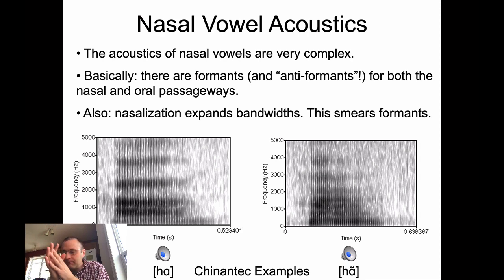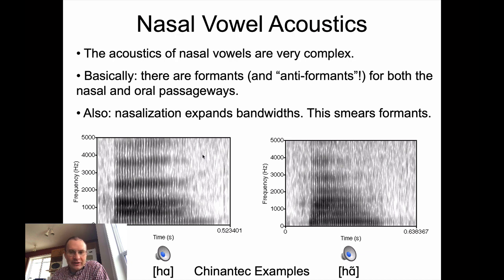In addition to that, nasalization will expand bandwidth, so bandwidth is basically a measure of the width of these gray bars in the frequency scale in spectrograms, and what nasalization tends to do is smear those so that they're not as intense in the middle and they have a broader range of frequencies.